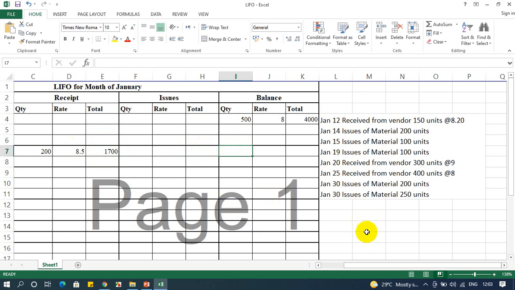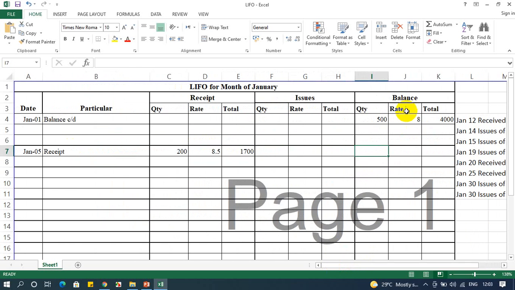Coming to the balance column, we first write the remaining balance left from the last period: 500 at the rate of 8, 4,000. And the next new balance is 200 units at the rate of 8.5, which becomes 1,700.